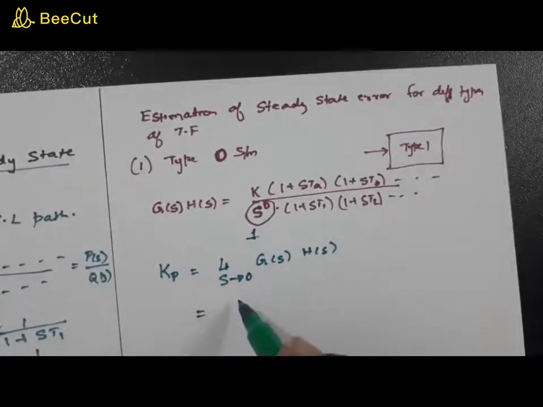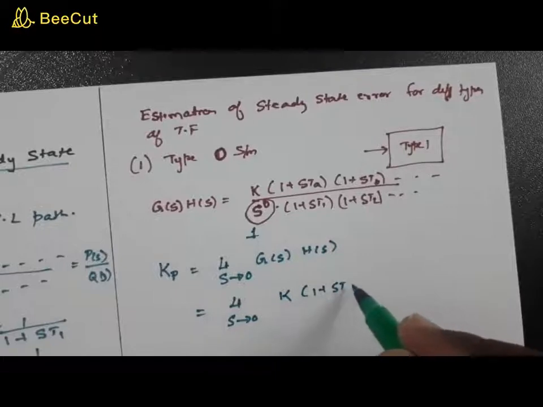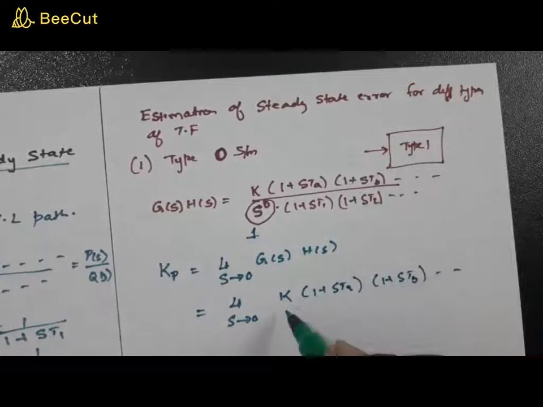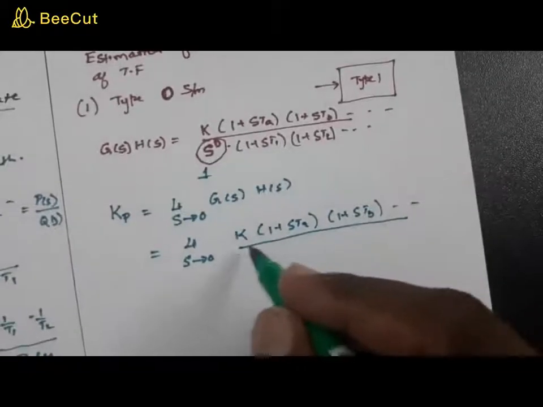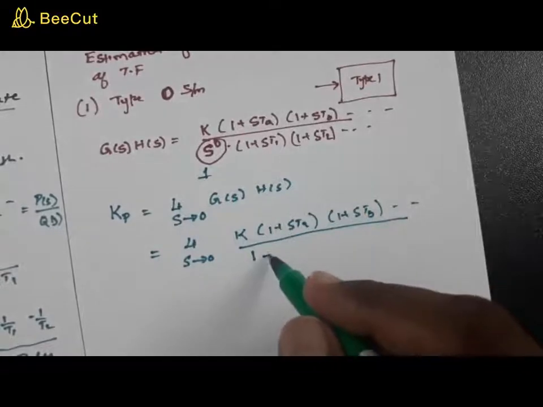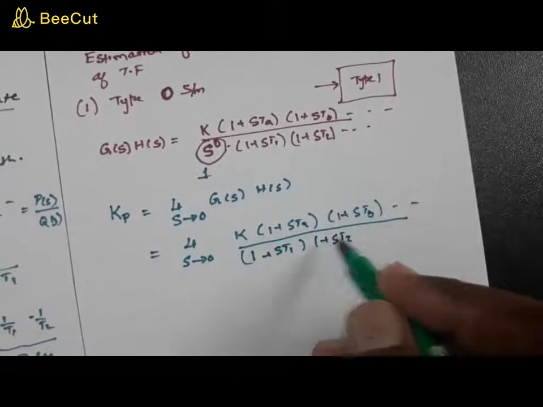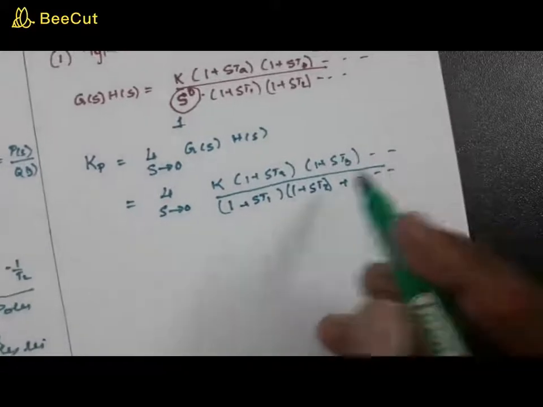Now what is this G(s)H(s)? We know that it is limit s tends to 0 of K into (1 plus sTa) into (1 plus sTb), etc., divided by s raised to 0, that is 1, into (1 plus sT1) into (1 plus sT2) and so on, because this is a type 0 system. Now what happens when you put s equal to 0 over here?